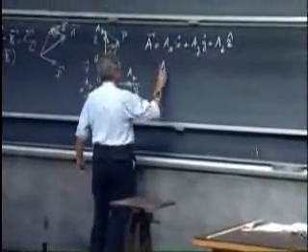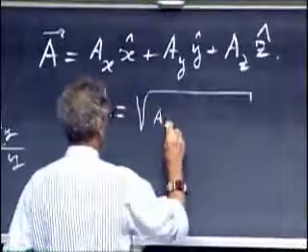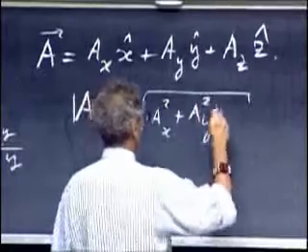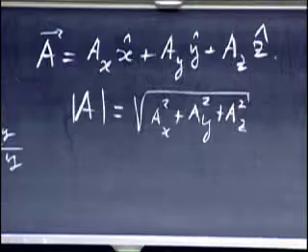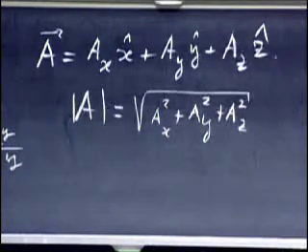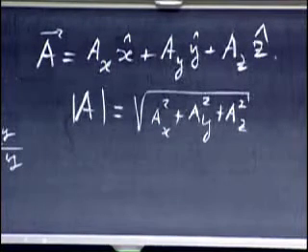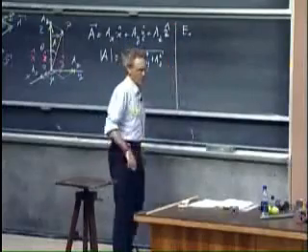The magnitude of the vector is the square root of A x squared plus A y squared plus A of z squared. And so we can take a simple example. For instance, I take a vector A. So this is just an example to see this in action.